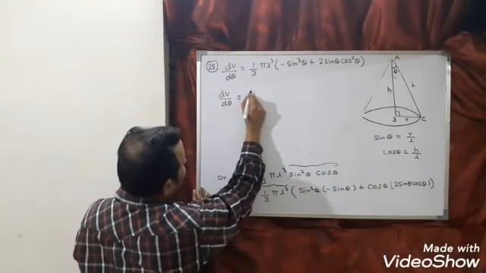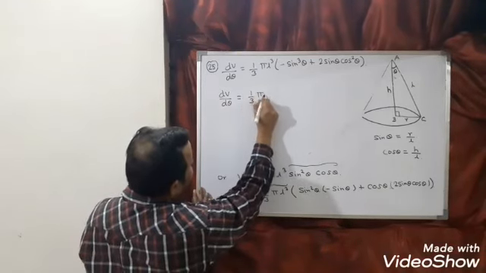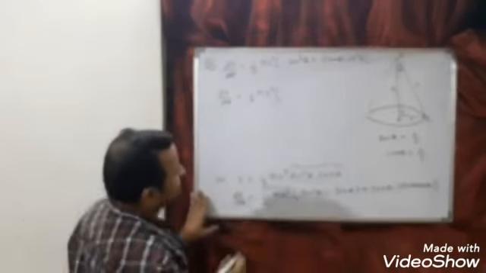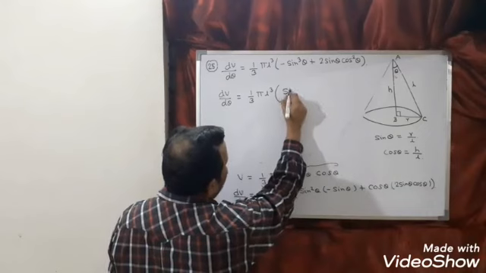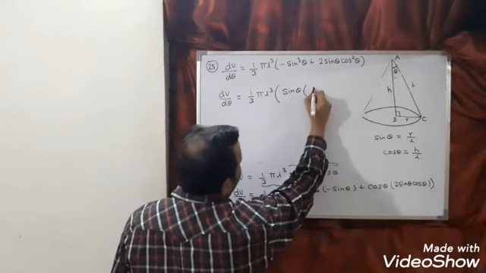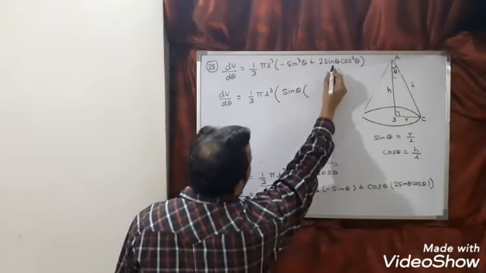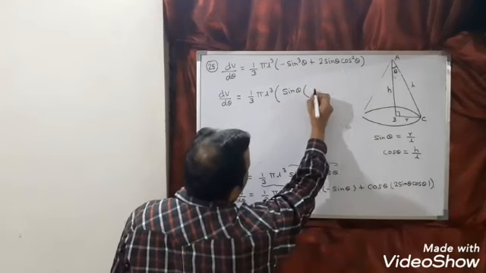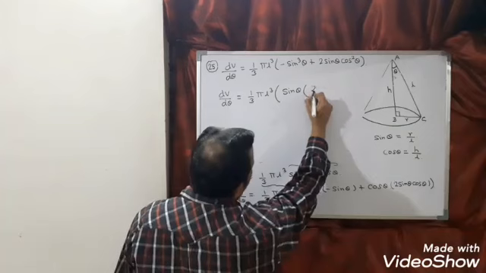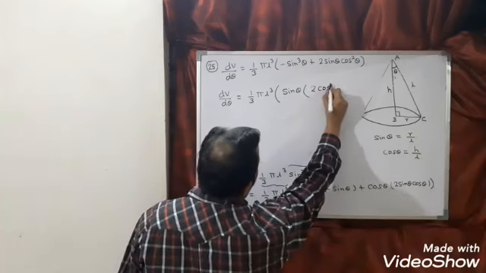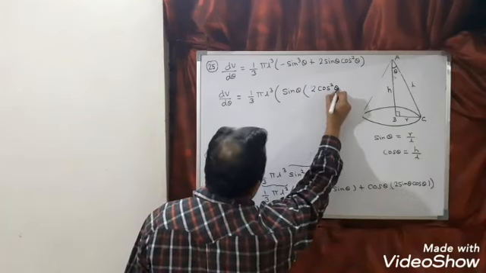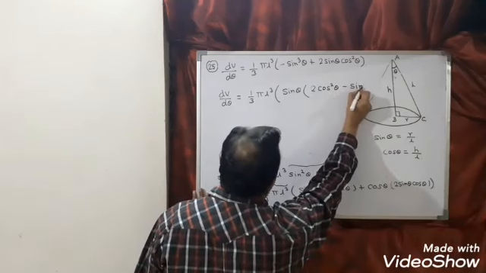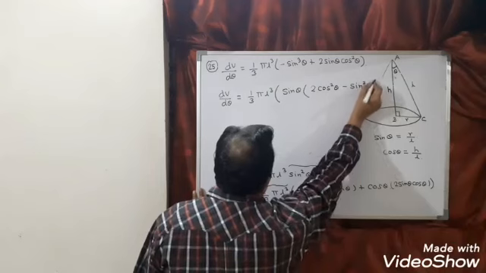Or something common we can take here. I can say dV by d theta is equal to 1 by 3 pi L cube. I am taking something common. So here I am taking sin theta common. What you will get? You will get, tell me, sin theta common, if you take, what you will get is 2 cos square theta minus sin square theta.